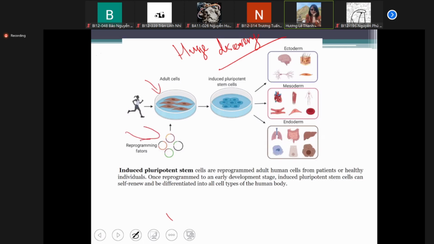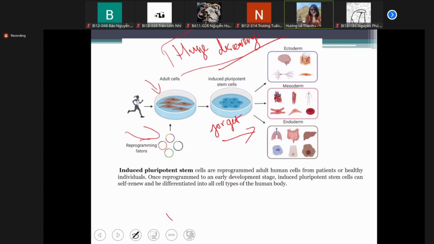Then these cells forget what type they are. They forget who they are, and they revert back into stem cells. So it's a huge discovery. So we have a very rich source of stem cells for research.